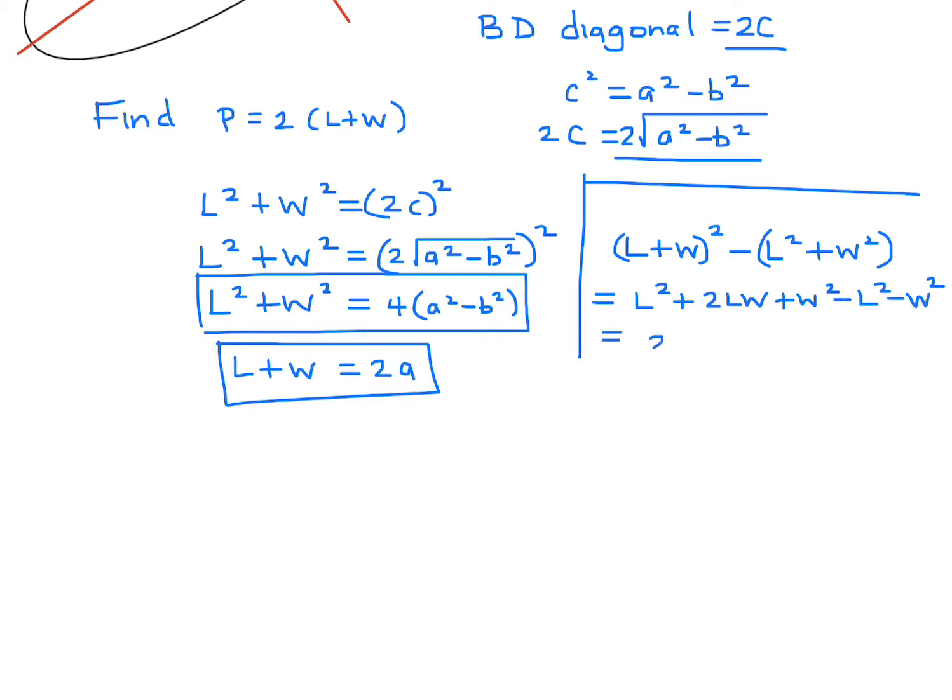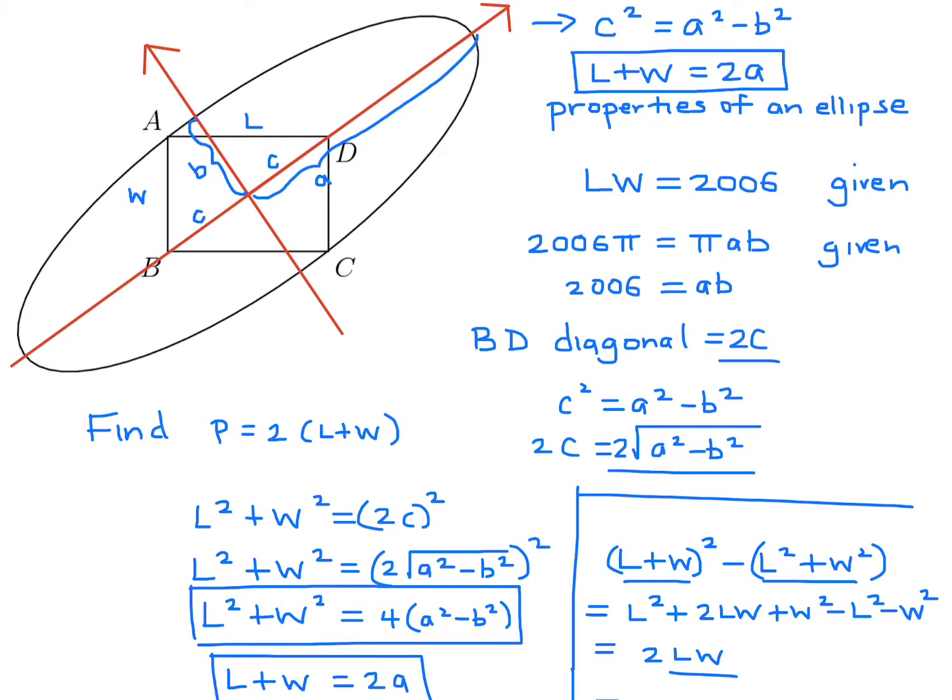And this just simplifies to 2LW. This we know, and this we know. So if we can put it together, we can just get LW. And what's the significance of LW? Well, that is the area. And LW, we know, is 2006. So it's all going to come together for us.